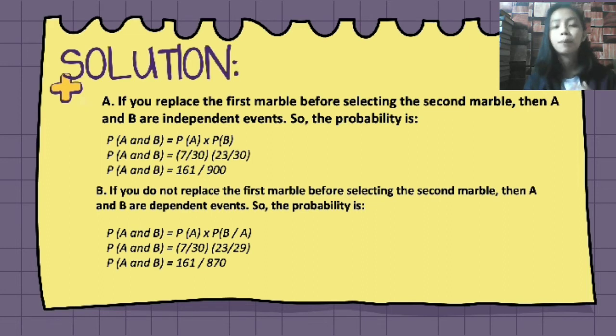Therefore, the probability of getting a blue marble first and a marble that's not blue second, without replacement, is 161 over 870.